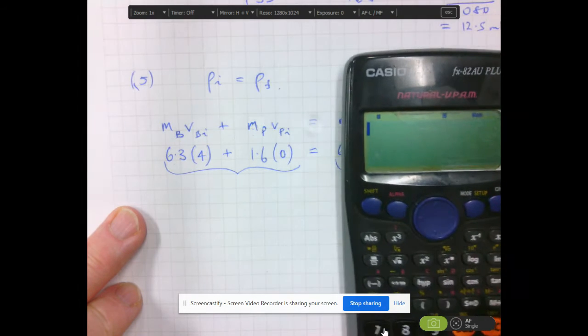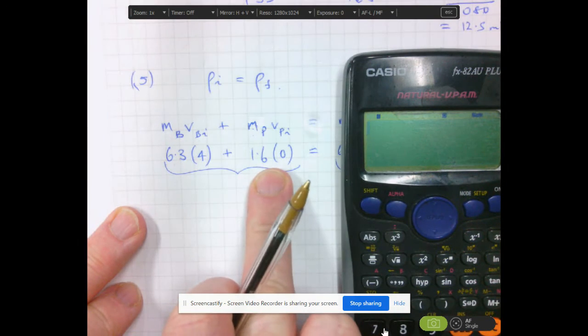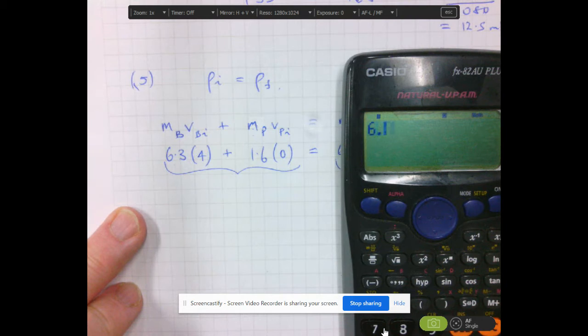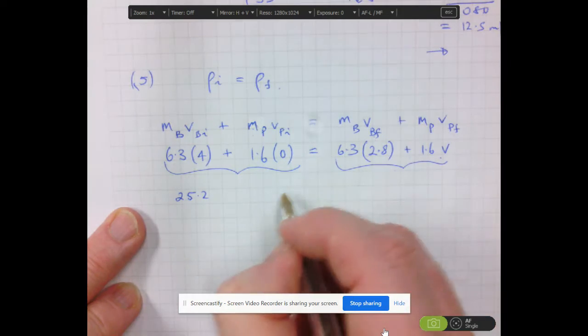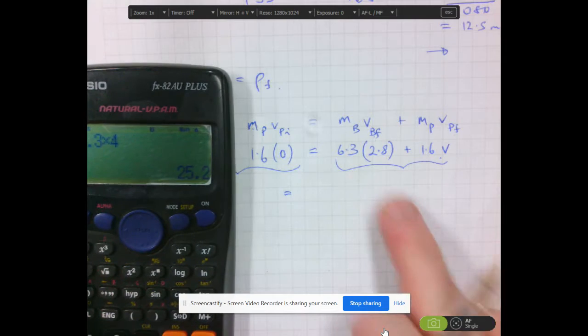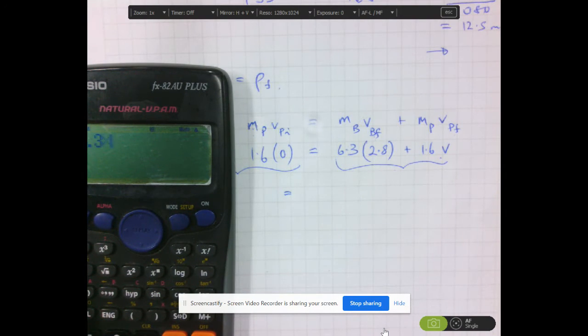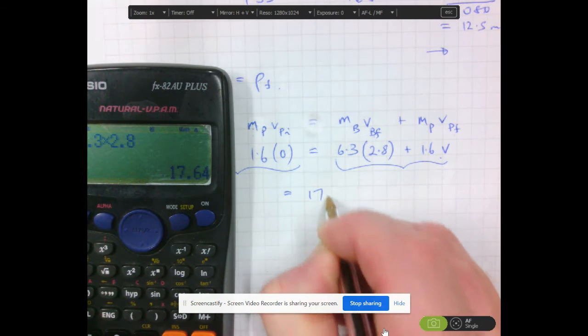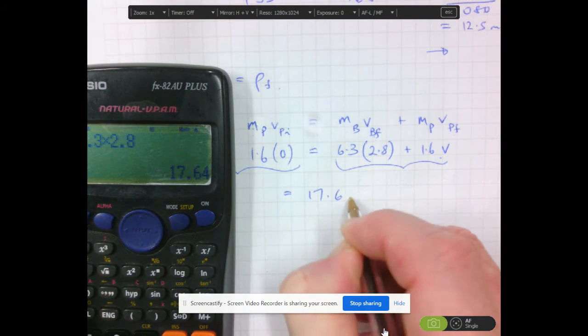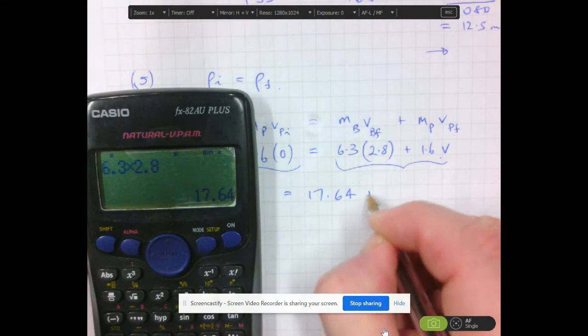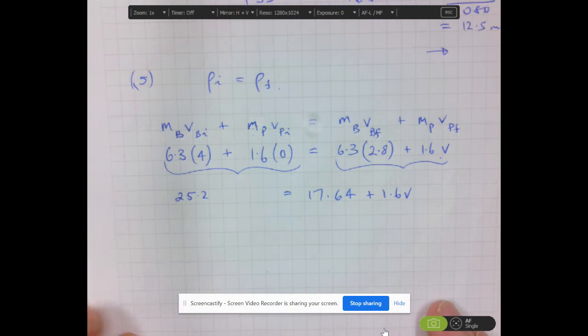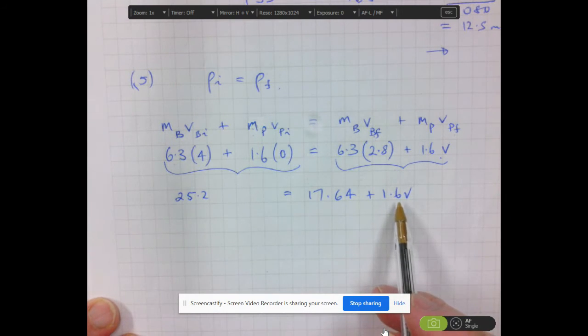Working with those values, this is 0 here, so I'm just going to calculate 6.3 times 4, which is 25.2. And this would equal, on the other side, 6.3 times 2.8, and that's going to be 17.64. Okay, just check I've done that right. I think that's right. Plus 1.6V. Okay, this just gives us a very simple equation that we will solve.